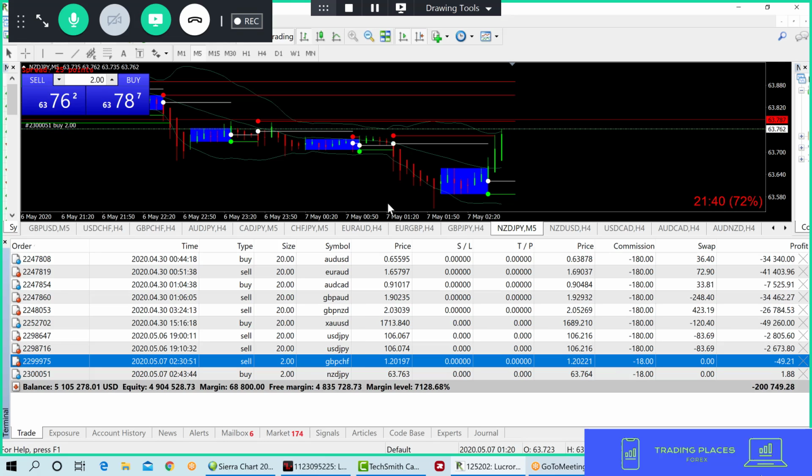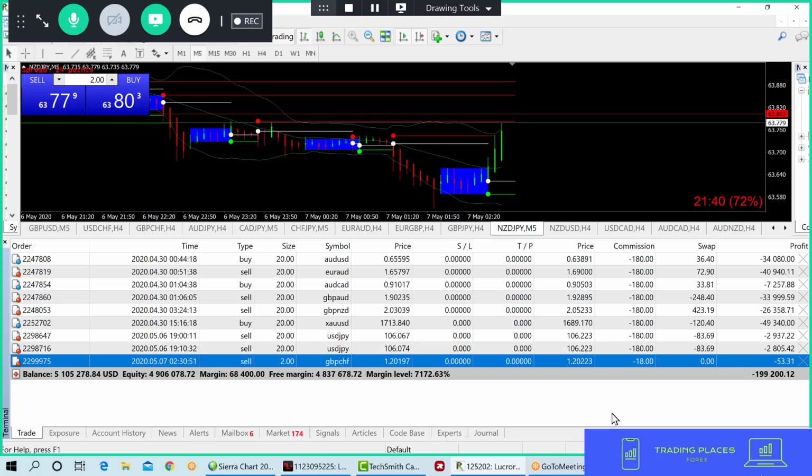But anyway, when we opened up training, we talked about our nemesis being consolidation. Oh, we're in profit here. Very good. So consolidation is something we don't like because that's money moving sideways, and at any point it can go up or down.